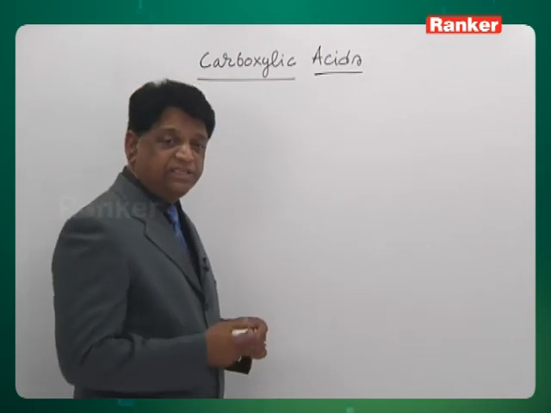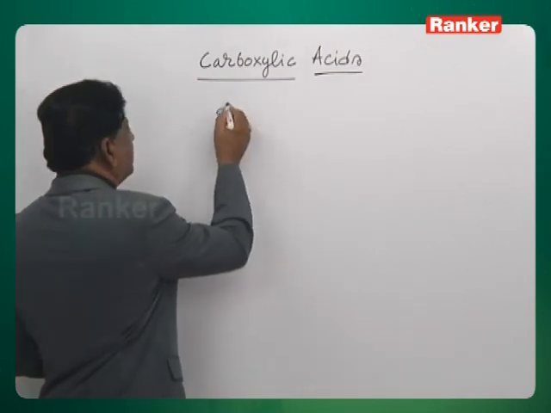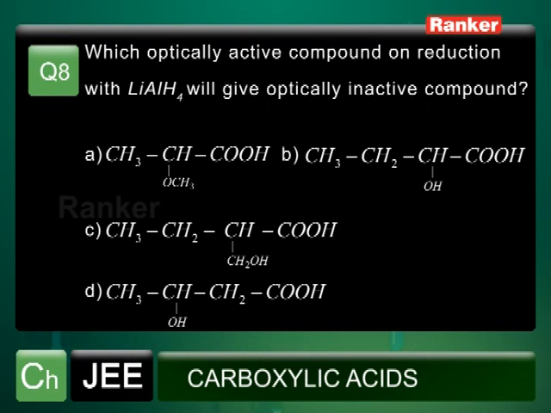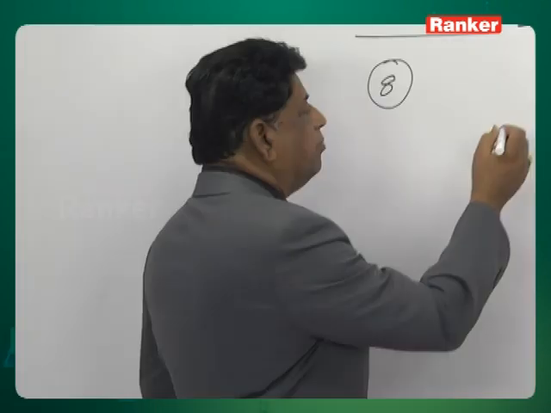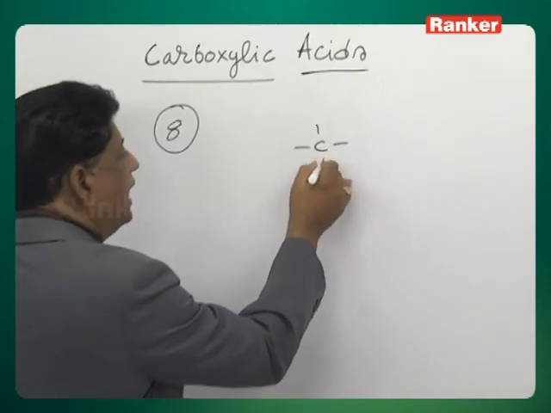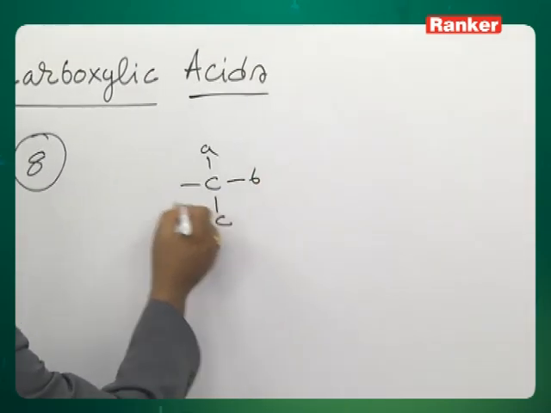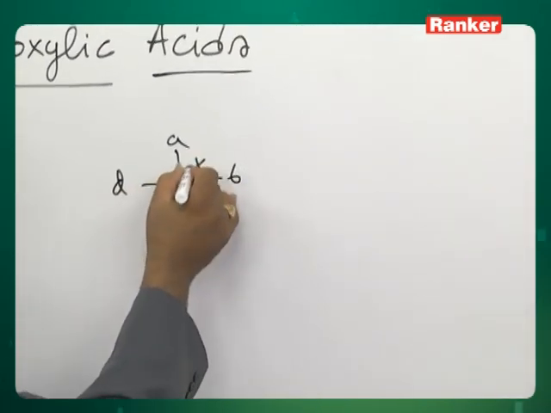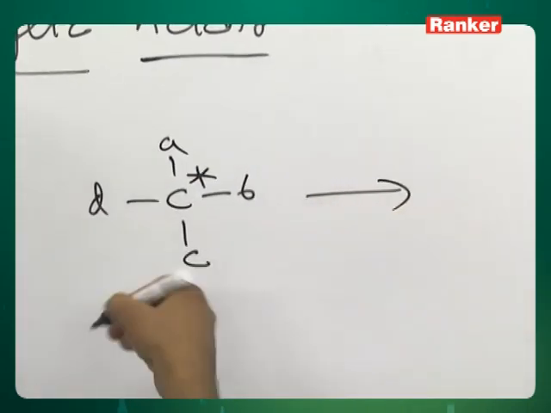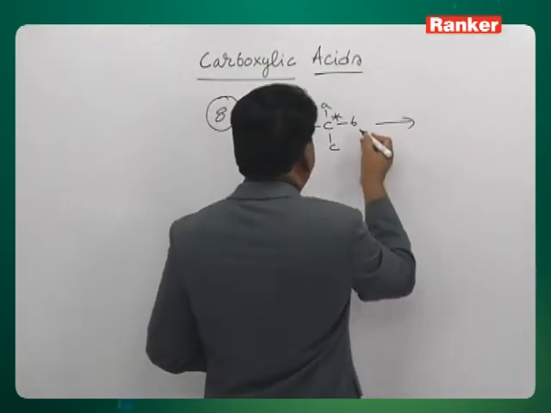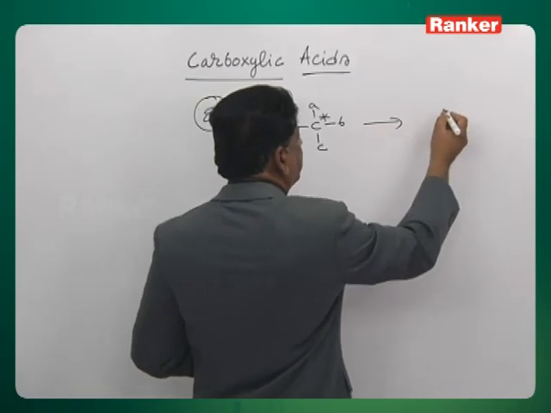So, let us go for question number 8. The question goes like, which optically active compound on reduction with lithium aluminum hydride will give an optically inactive compound? Originally the compound should be optically active. Optically active means a compound containing a chiral carbon with A, B, C, D. After reaction, some identical groups should be formed.